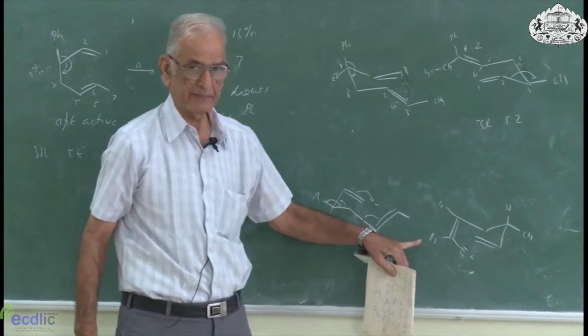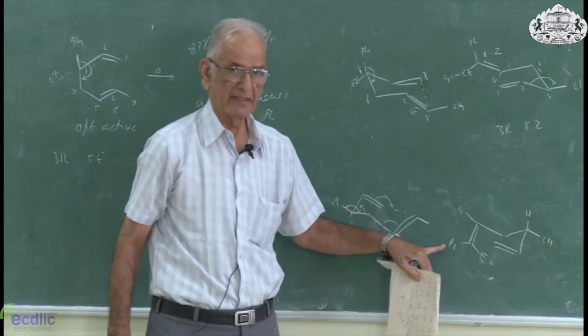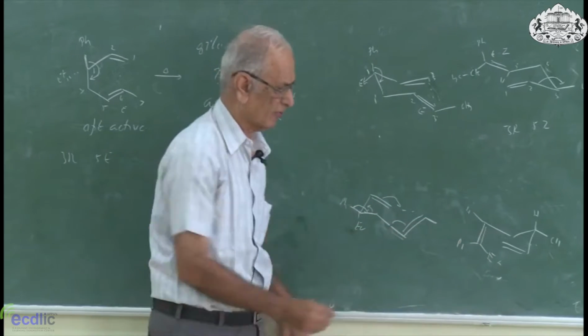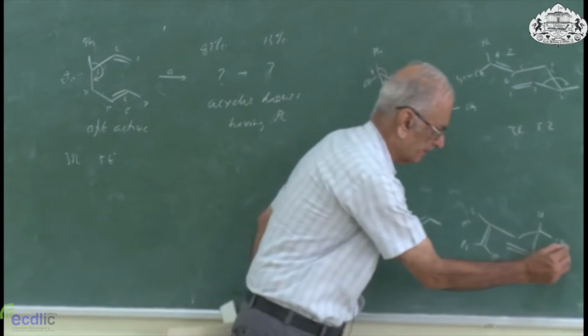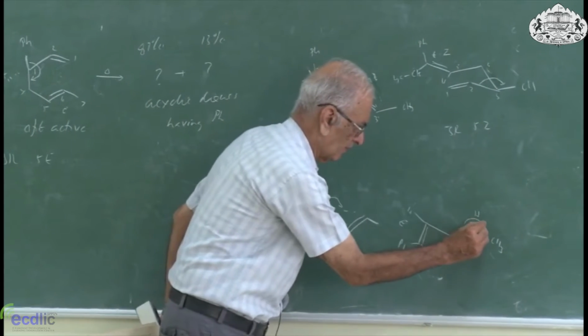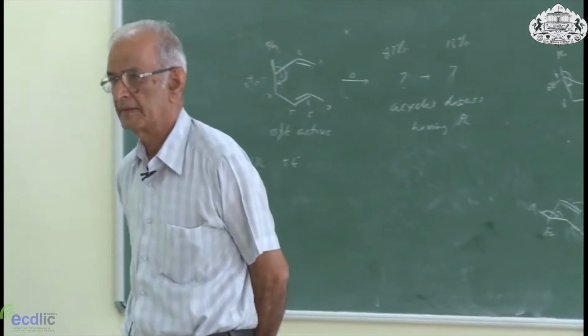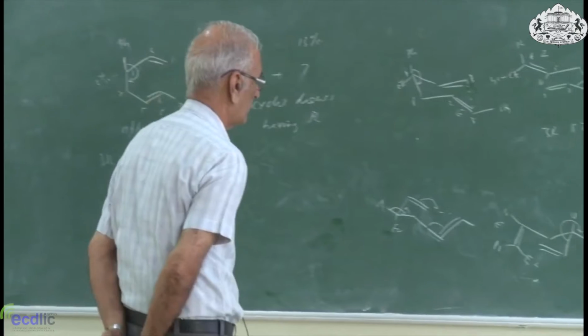What do we now see? Phenyl and hydrogen. Phenyl and this are on opposite sides. So, that is your E geometry. First, second, third, that is your clockwise direction, but hydrogen is up.